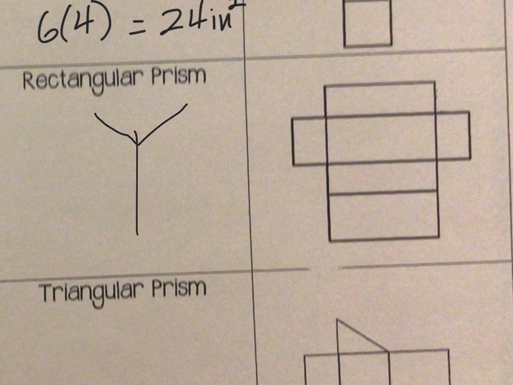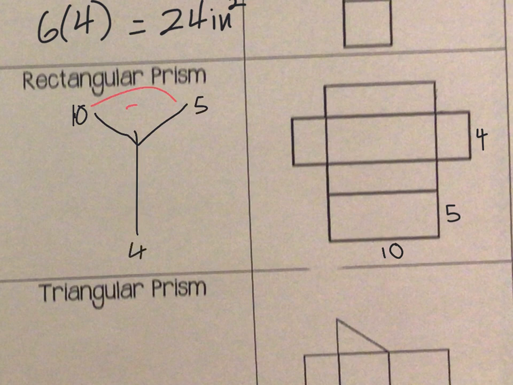Let's say this edge is 10, this edge is 5, and this edge is 4. I'm going to take all 3 of the different dimensions and write them right here on my Y. So 10, 5, 4.